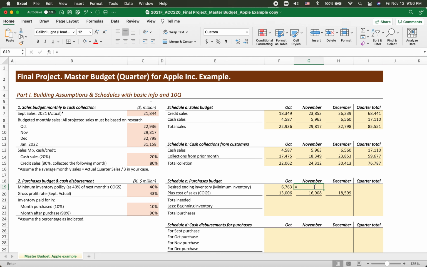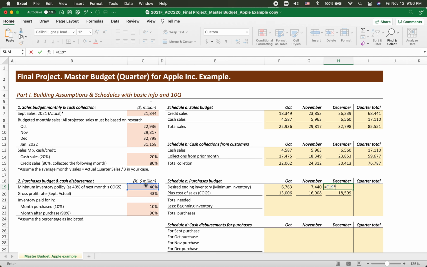Now let's apply 40% of the next month's cost of goods sold. Then on the November minimum ending inventory, how do we calculate it, right? Again, 40% times the cost of goods sold next month based on the assumptions. Then how to calculate the December? It's a little bit challenging. Still 40%, right?